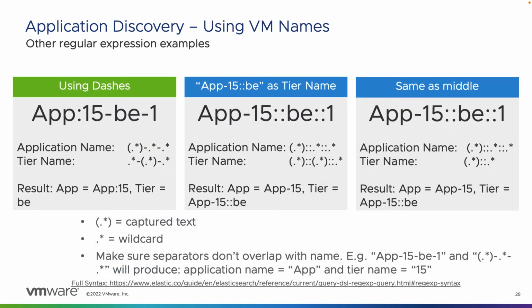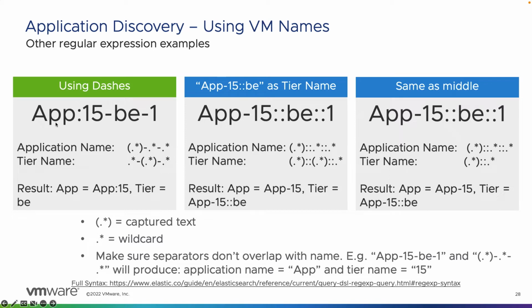If you're not familiar with using regular expression, we have a full syntax where you can go through this link here to take a look at how regular expression is utilized for this feature set within vRealize Network Insight. You can see here different ways of doing things like using dashes inside the name.